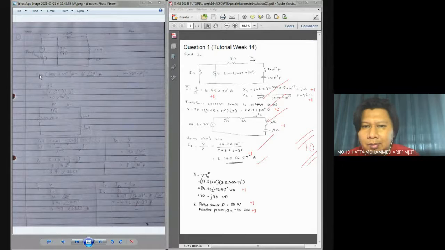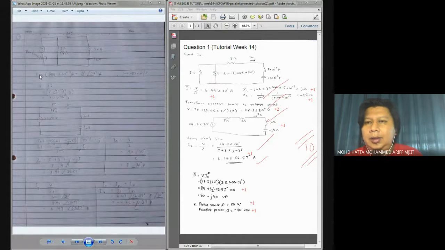So make sure if you try to analyze a circuit, put it in RMS value. Then the possibility of getting a wrong answer will be a bit lesser, unless you don't know how to answer it. Means that you don't get any marks lah.